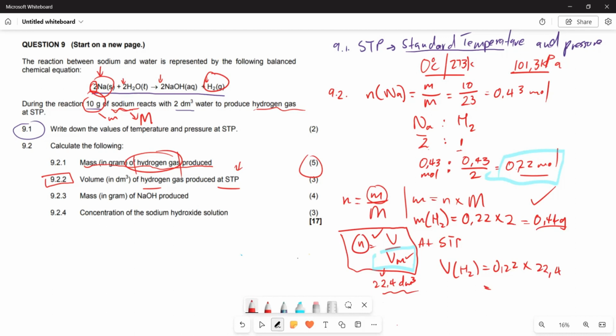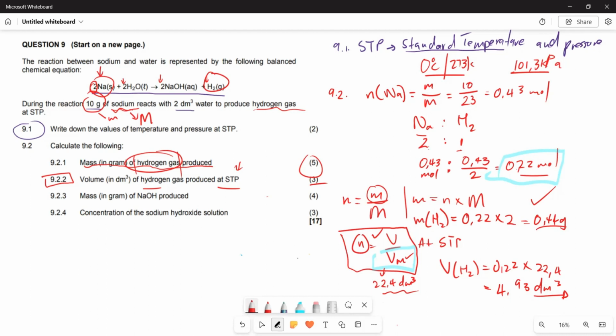When you multiply these two things, I think you are going to get, let's see, 4.93 decimeter cubes, because whenever you're calculating volume, the unit is always decimeter cube. So please ensure that you do not forget these units, right? Then you've calculated the volume at STP.